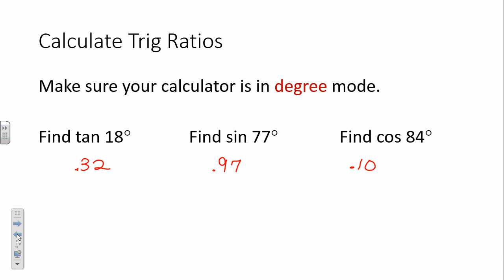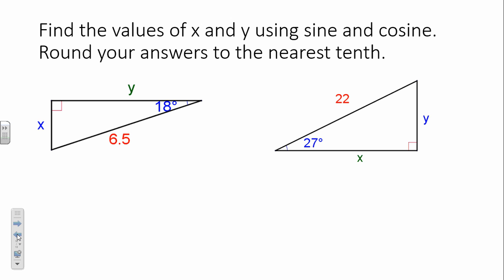Okay, next. Now that we know how to use our sine and our cosine buttons, we can figure out what are the values of x and y. On this first triangle, it has an 18-degree angle. The minute I see an angle, I focus in on that, put my thumb on it, and pay attention to that angle.